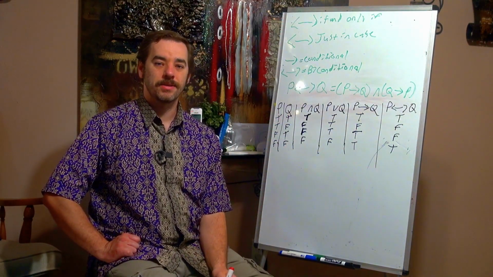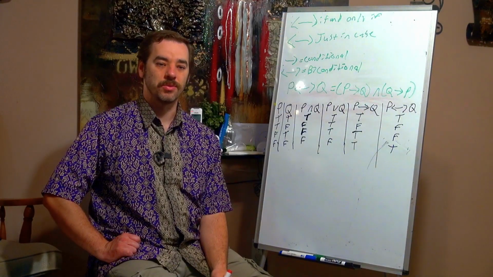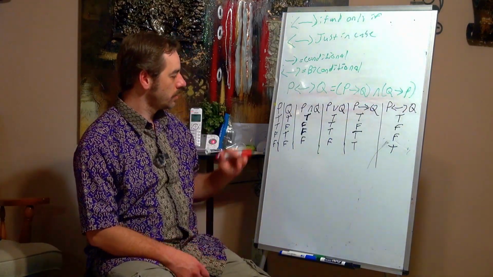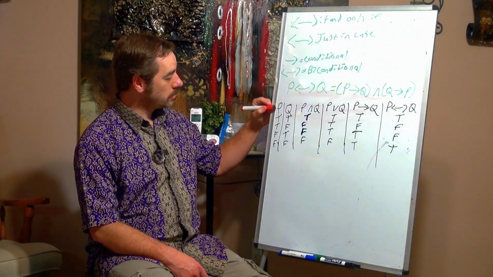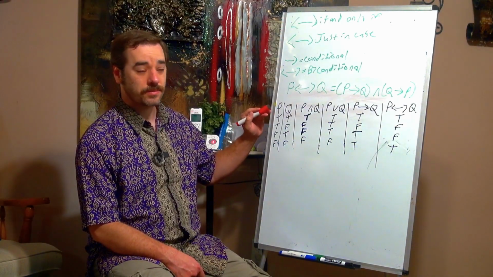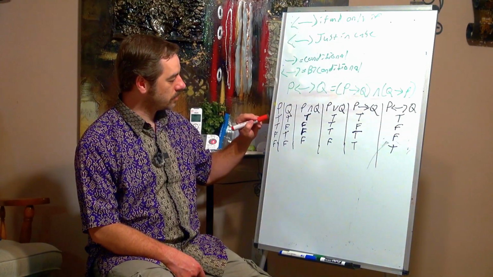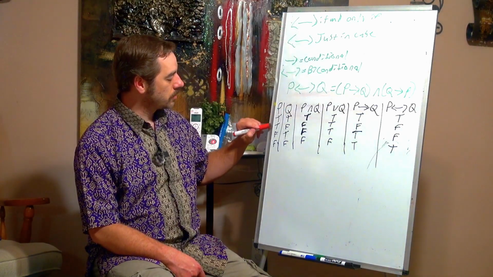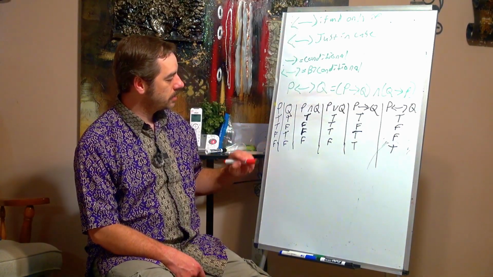You come about this using what's called a brute force technique. So you start with your two statements, P and Q, and then you want to list out all the possible truth values. P can be true twice, it can be false twice.